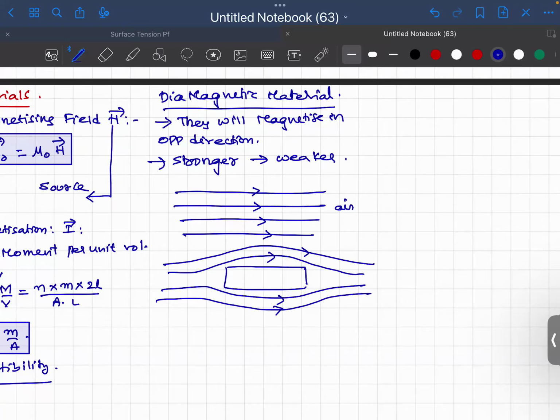B inside is undoubtedly less than B naught. So this is the property of diamagnetic materials. Some lines will go inside, but still very few lines will pass through the material.